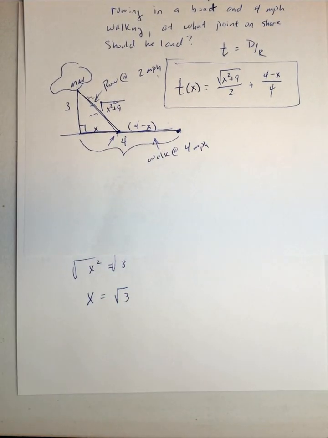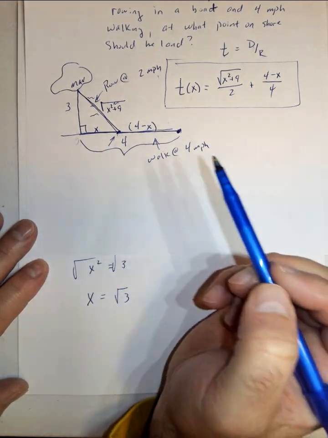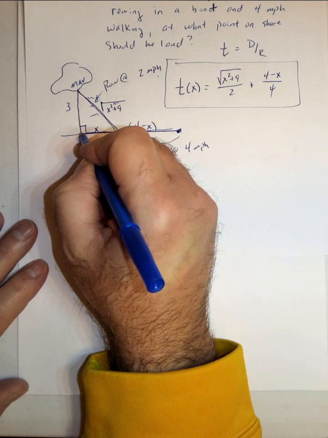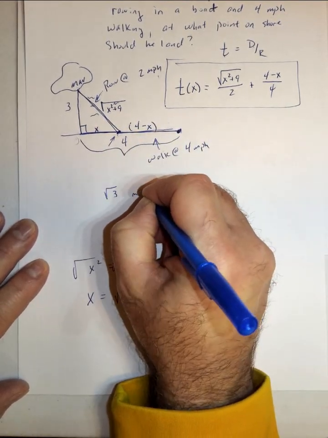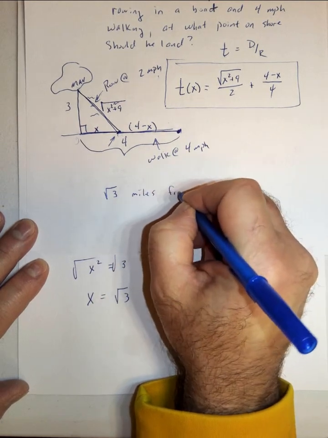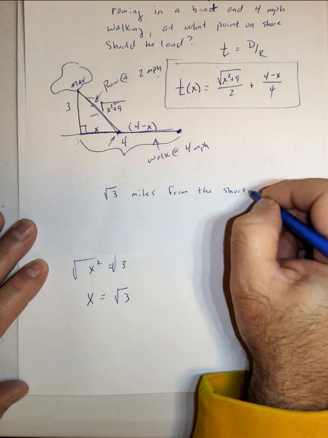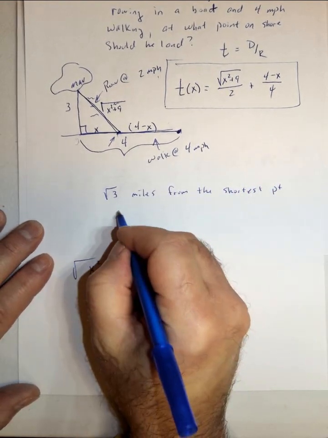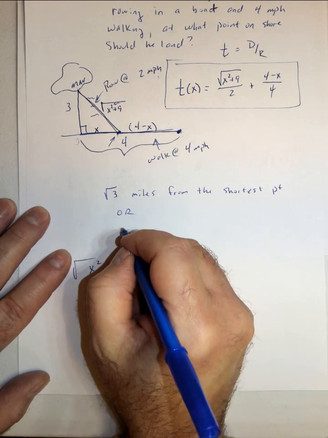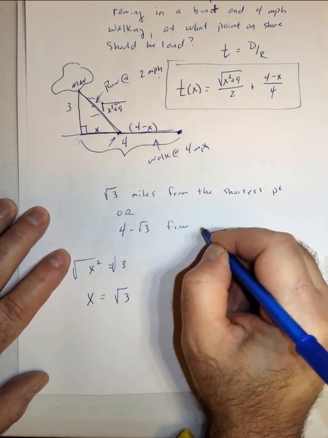So now we know that my answer is root 3 from that shortest point. So it would be root 3 miles from the shortest point, or you could write it as 4 minus root 3 from the end point.